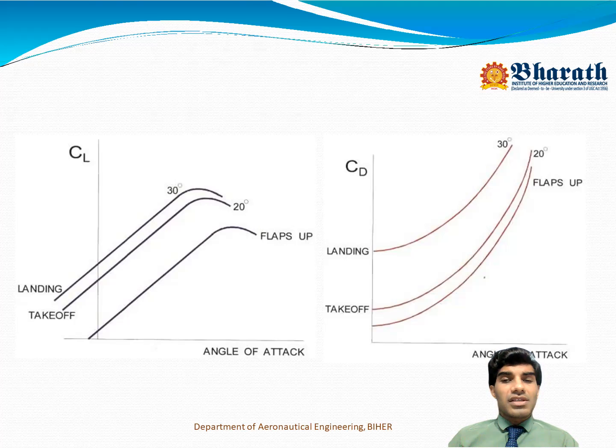At landing time the angle is more, and at takeoff time the angle is less, which will avoid the stall. In the right side graph, coefficient of drag versus angle of attack, you can see that at the time of landing the angle of attack is more, and at takeoff time the angle of attack is less. So when the flaps are up, this is the advantage.